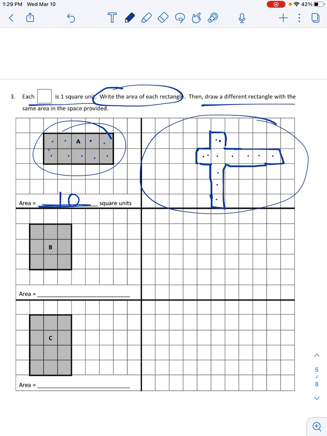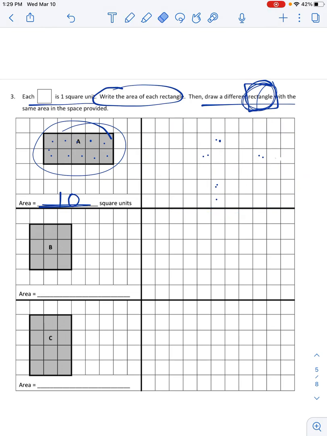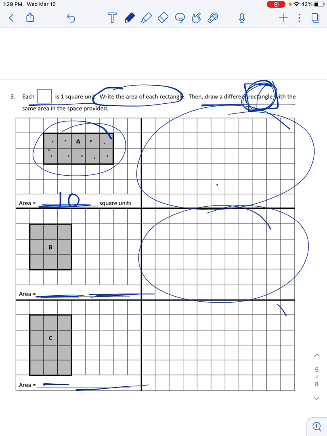Even though this is 1, 2, 3, 4, 5, 6, 7, 8, 9, 10, even though that has the same area, is this a rectangle? No, and it's asking me to make a rectangle. So I need to make sure that what I make is actually a rectangle, and I can use my math facts to help me with that. So make sure you use a rectangle. For these ones down here, don't forget to write square units before you draw another rectangle that matches.